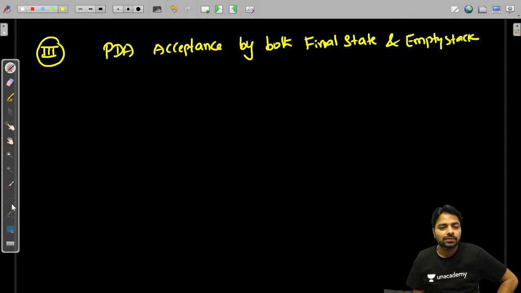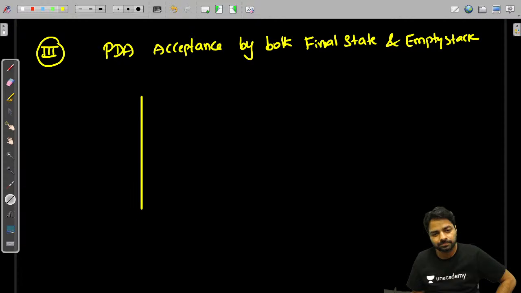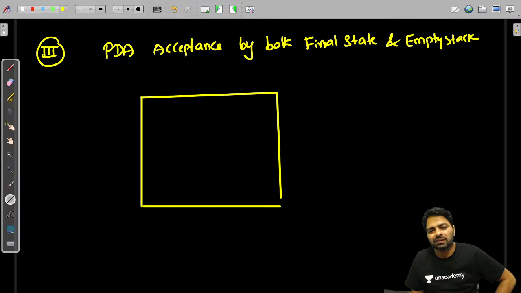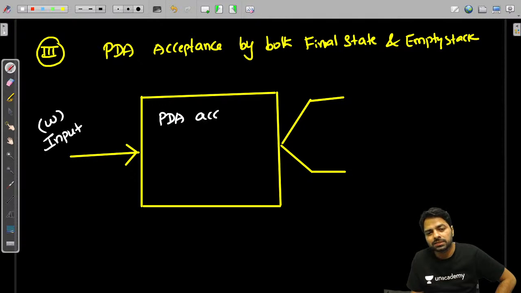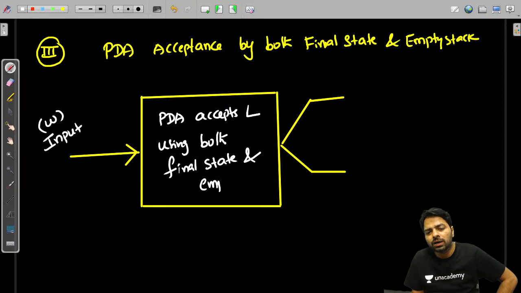In this case, I'm assuming input is W, some string you can give, and I am assuming this PDA accepts any language L, any context-free language L, using both mechanisms clearly mentioned, both final state and empty stack. This will be given by default in the exam.